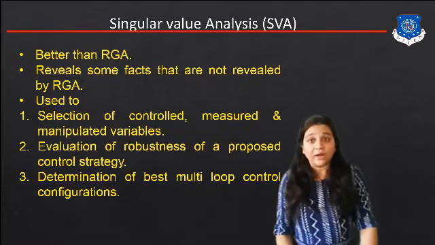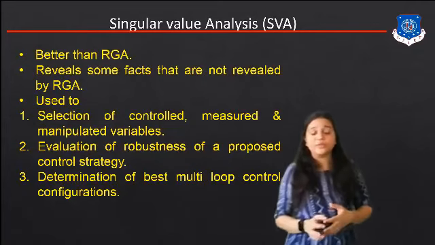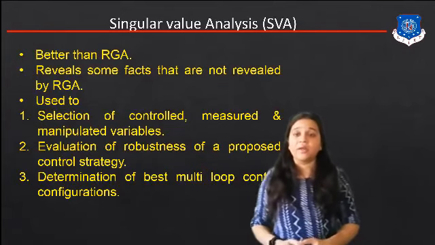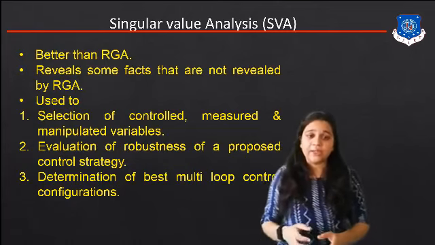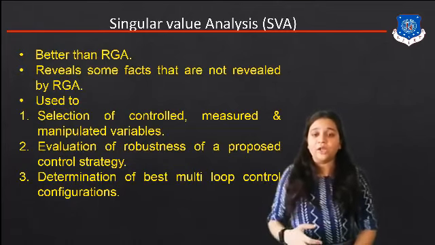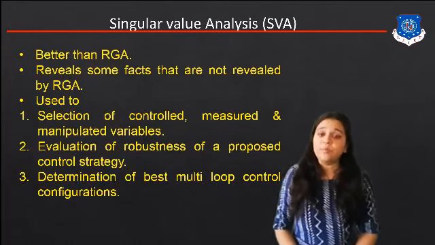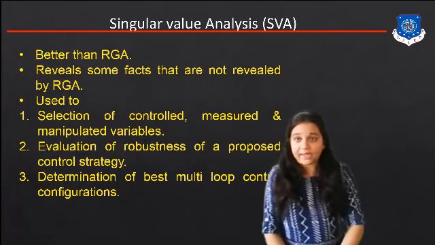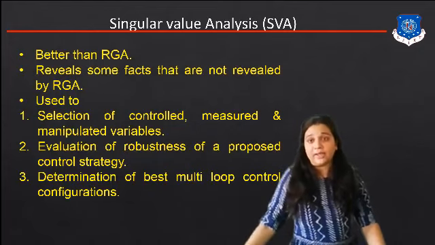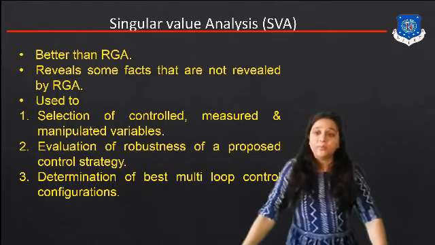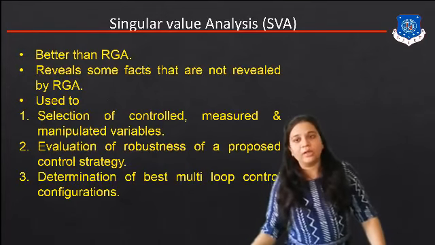Okay. Now, how singular value analysis is applicable for this particular multi-loop system, we will take one example using the singular value analysis. We have to continuously check that one loop and the other loop are not affected by each other, and then we have to check whether the best multi-loop configuration is there, whether the selection of the controller is best for this particular system, and we have to select the measured and manipulated variables for the particular multi-loop system.